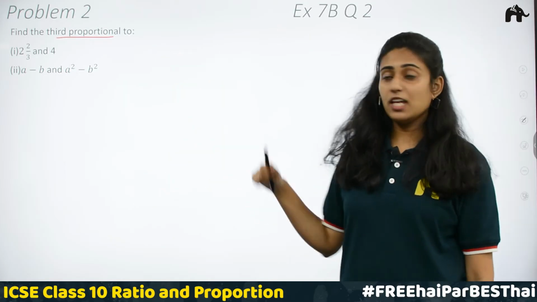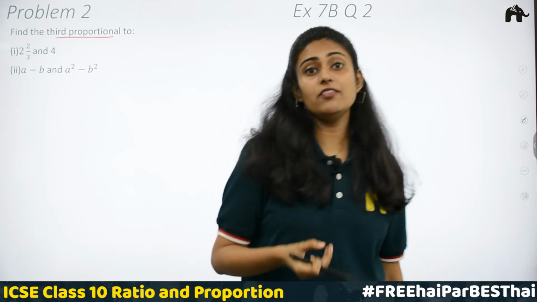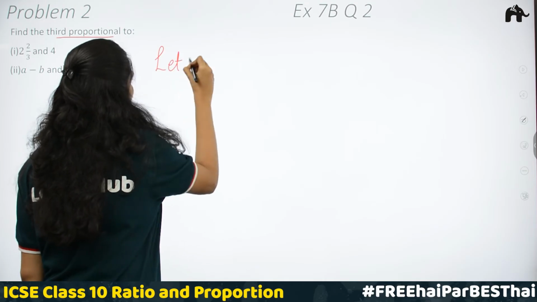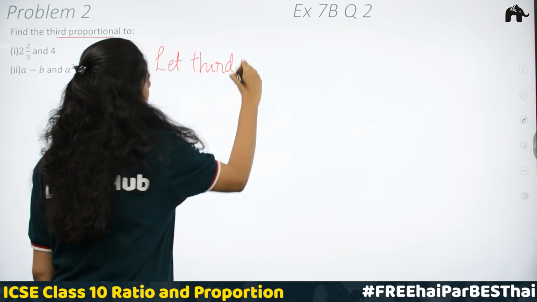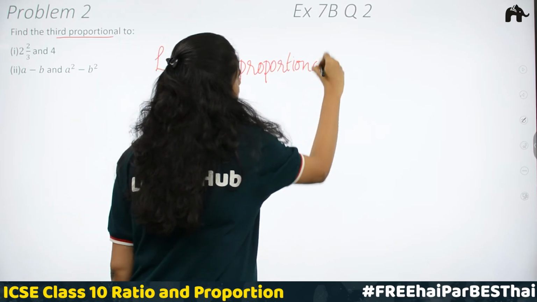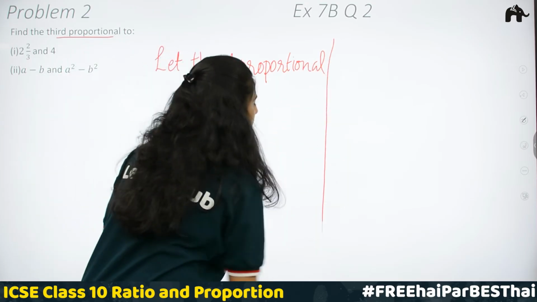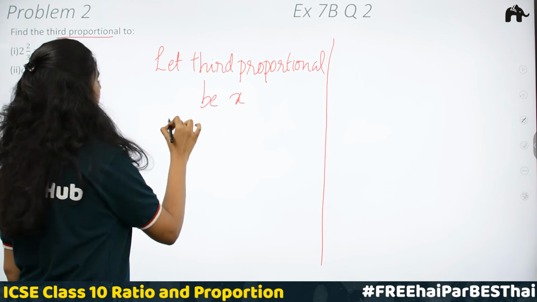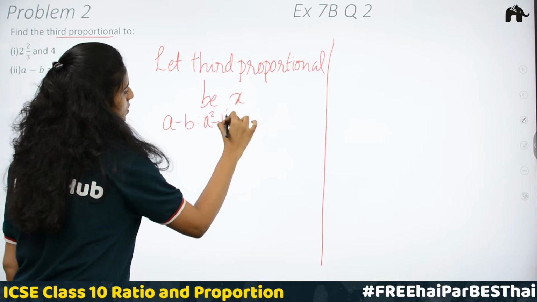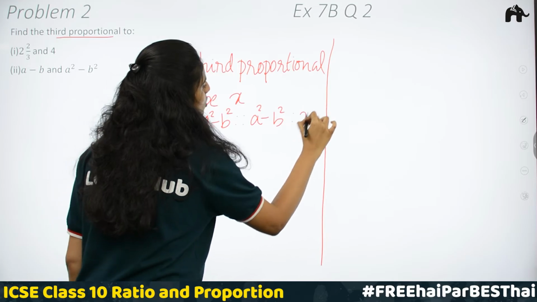Got it? Now the second part: a minus b and a square minus b square. Here again we have to take x as the third proportional. Let the third proportional be x. You cannot directly use x; first, this statement is required. This can be written as a minus b is to a square minus b square as a square minus b square is to x.